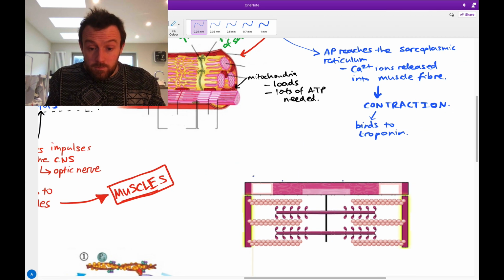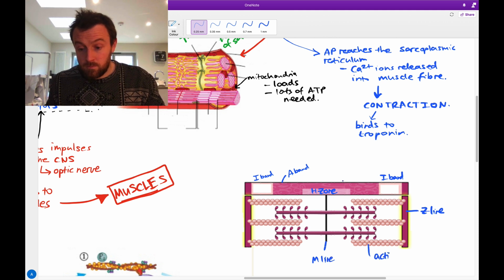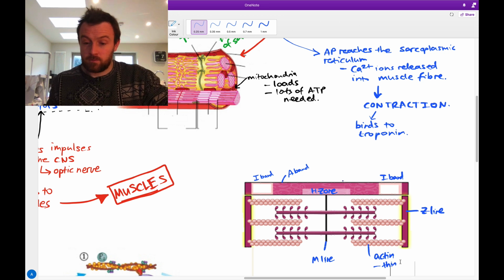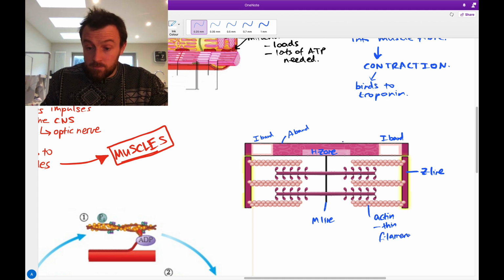So we've got I band, A band, H zone, we've got I band, we've got Z line, we've got M line, we've got actin, which is the thin filament, and we've got this one here, which is the myosin, which is a thick filament.